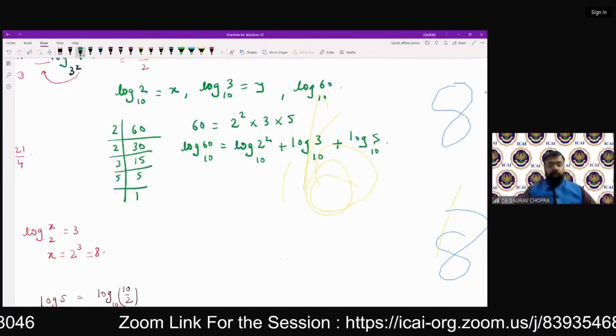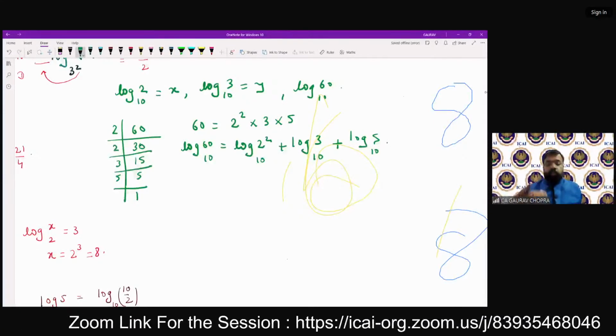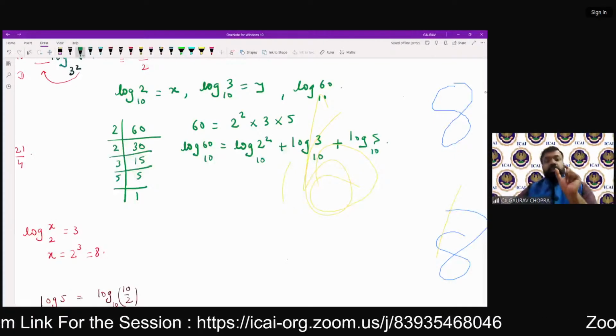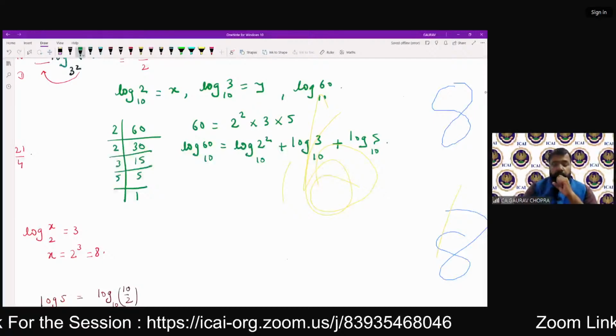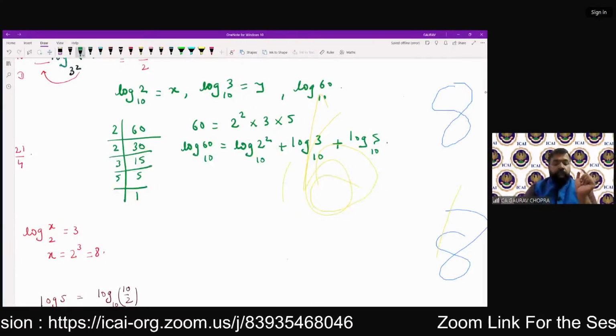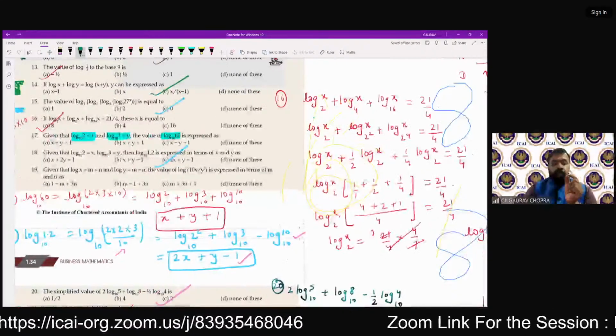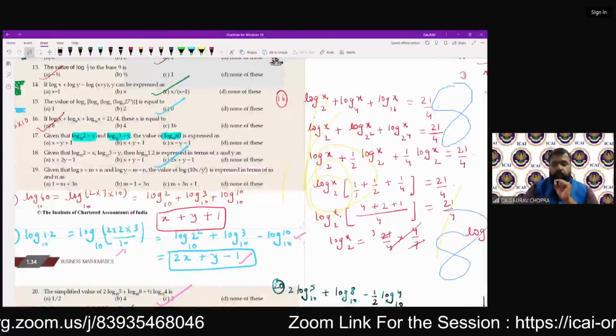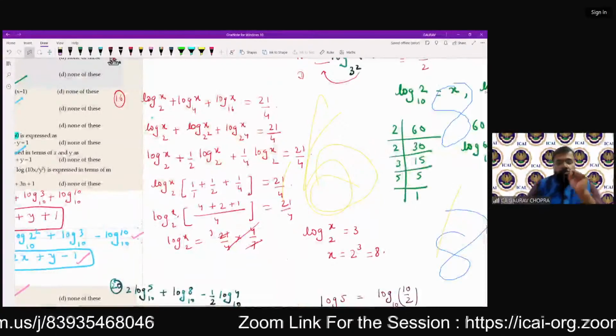Okay, we can write in this pattern. Even there is one more pattern. Now, if we write in this form, log 5 base 10 cannot be properly solved. And as per the option, we are just having x minus y plus 1 or x plus y plus 1. That means it is completely solved.